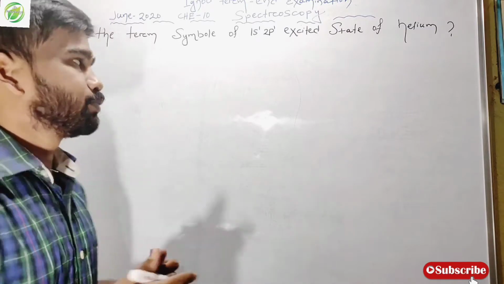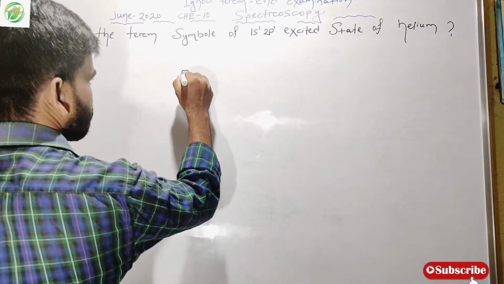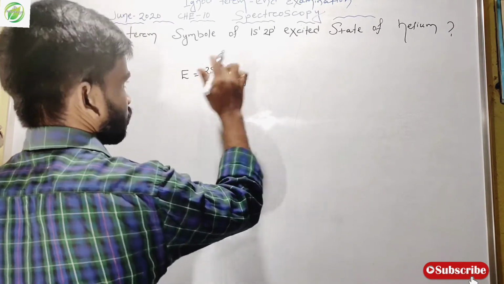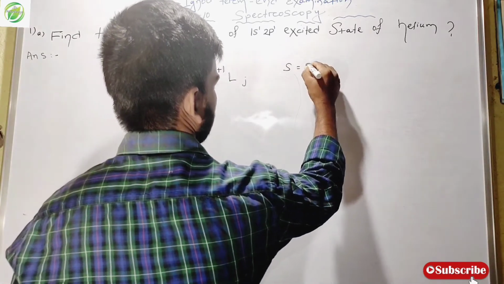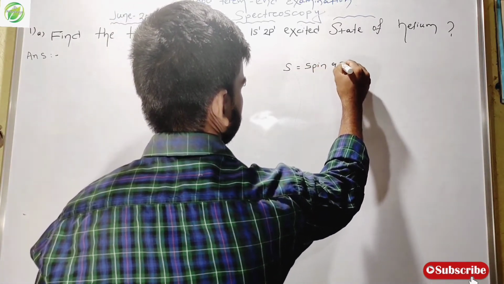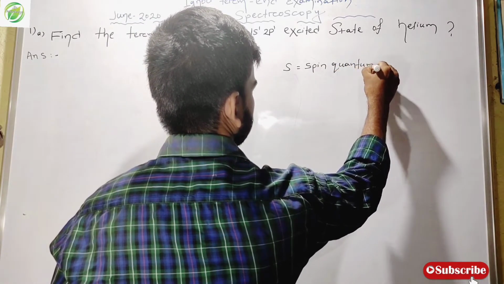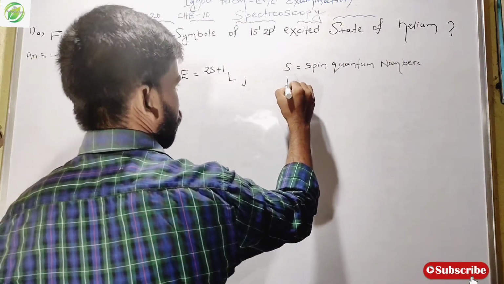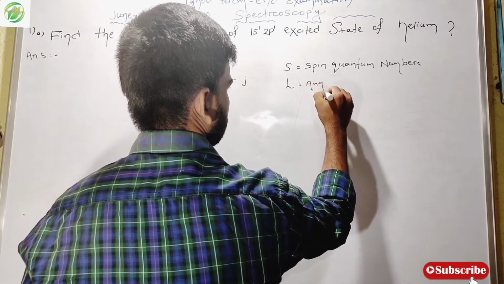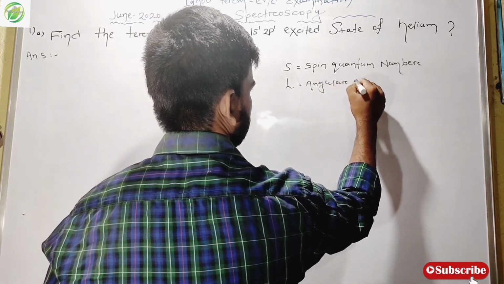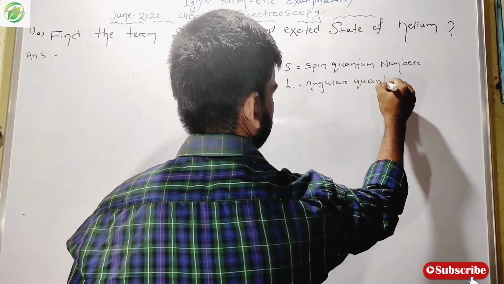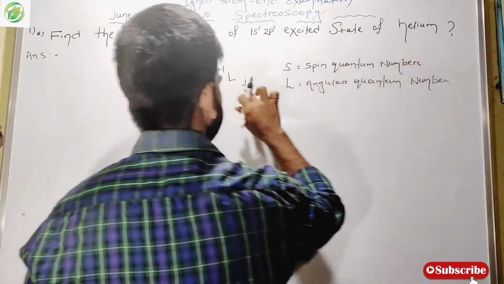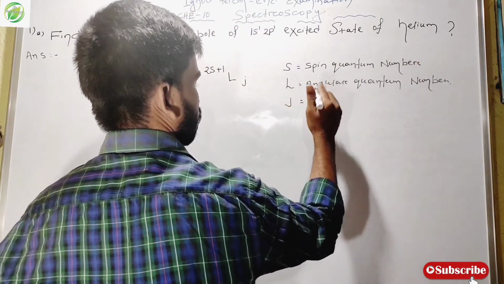A term symbol can be represented as 2S+1 L J, where S is the spin quantum number, L is the angular quantum number, and J is the total angular quantum number.